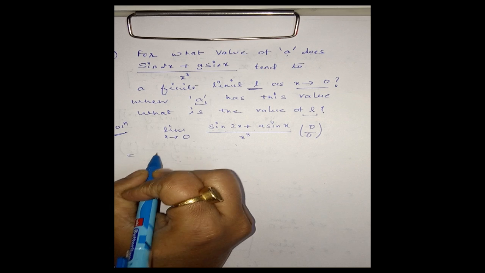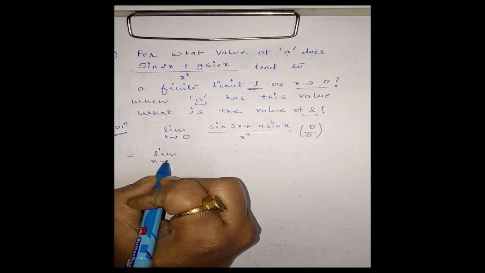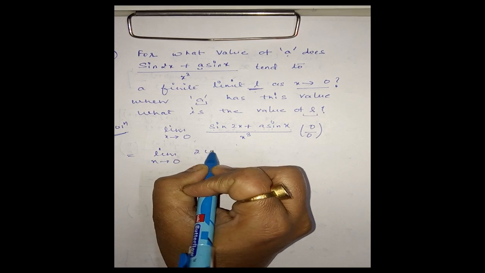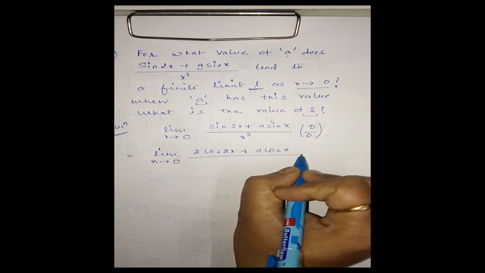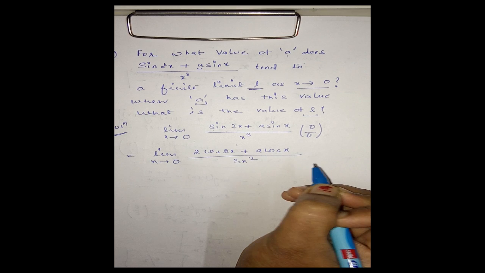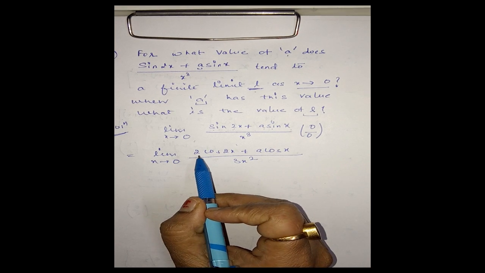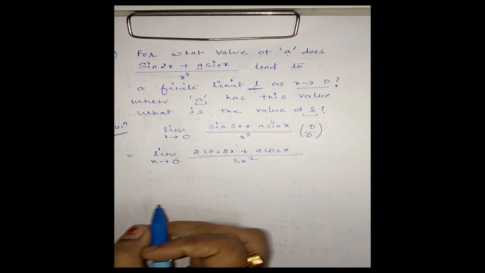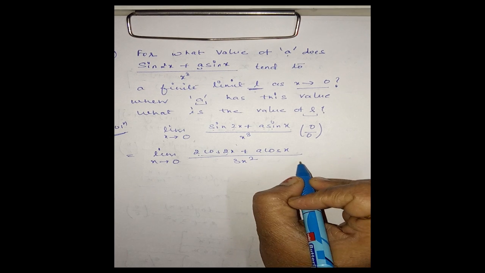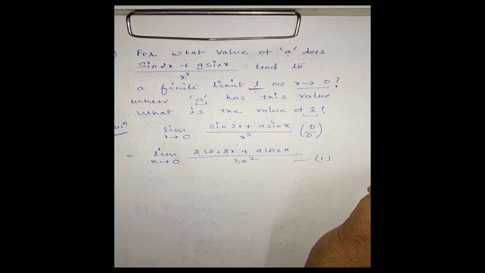Now on applying L'Hopital rule, this is the limit as x tends to 0 of (2 cos 2x + a cos x) / 3x squared. Now this is 2 plus a. Mark this as equation number 1.